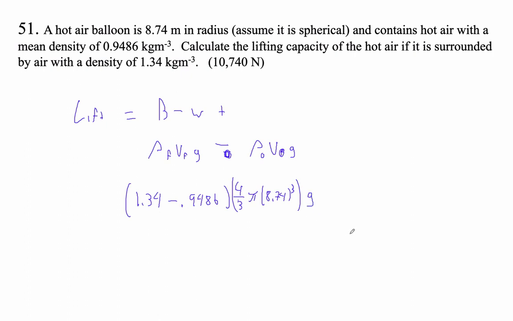So I'm just going to do 1.34 minus 0.9486, end parentheses, times 4 divided by 3 times pi times 8.74 raised to the third times 9.81. Bingo, we got the answer. It was 10,737.7 newtons, the net force. Density minus density. It's just super easy when you have to figure out the volume anyway.